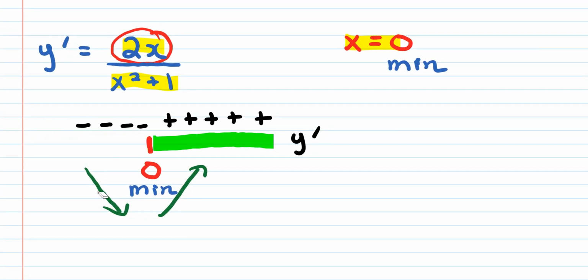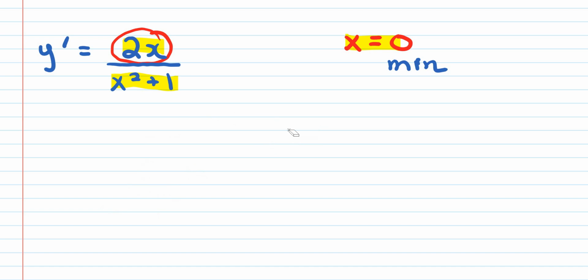In order to find the inflection point here, I will take the second derivative now. So that's my first derivative. My second derivative is y double prime. And I will use the quotient rule here. So the derivative of 2x is going to be 2. And then I multiply by the denominator, x squared plus 1.